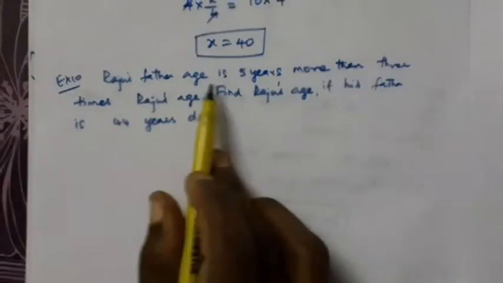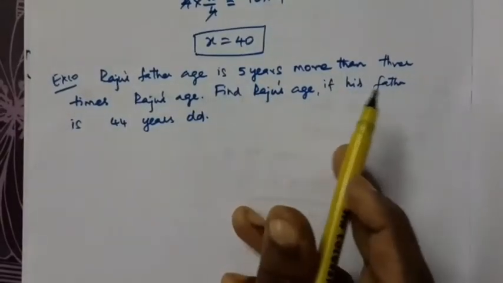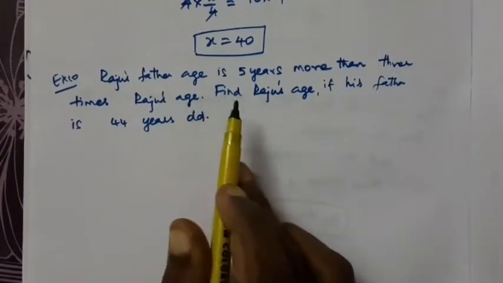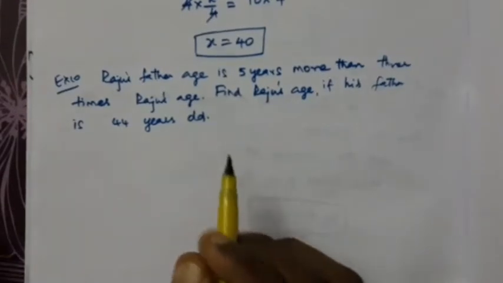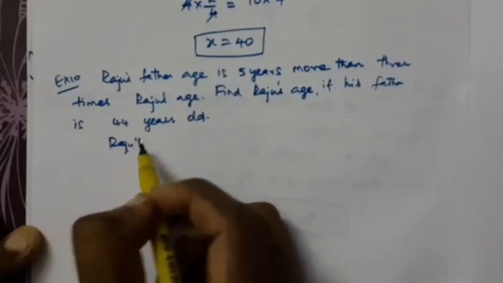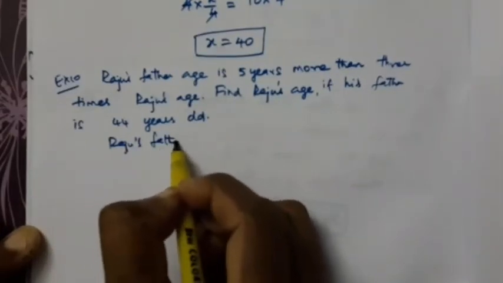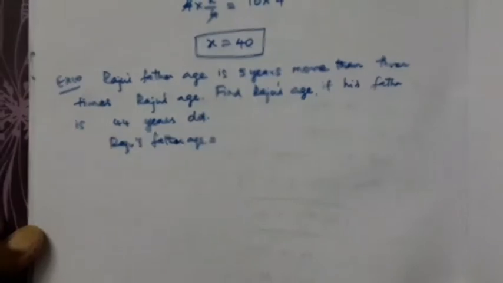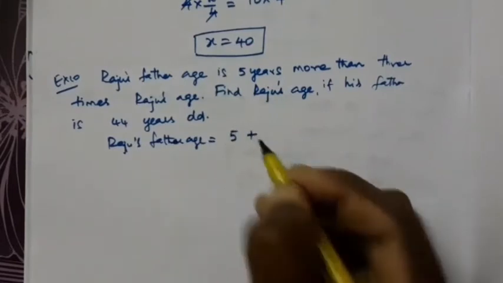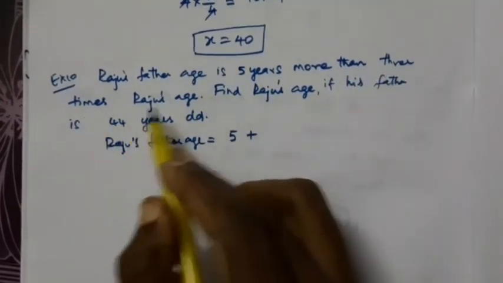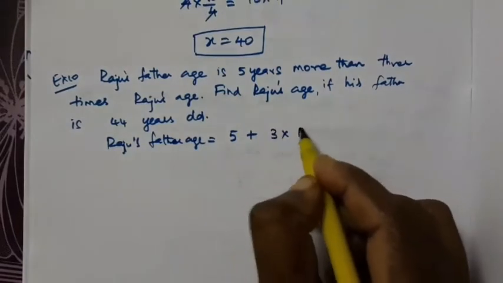Raju's father's age is 5 years more than 3 times Raju's age. Find Raju's age if his father's age is 44 years. Raju's father's age is 5 years more, which is 5 plus 3 times Raju's age, so 3 multiplied by Raju's age.